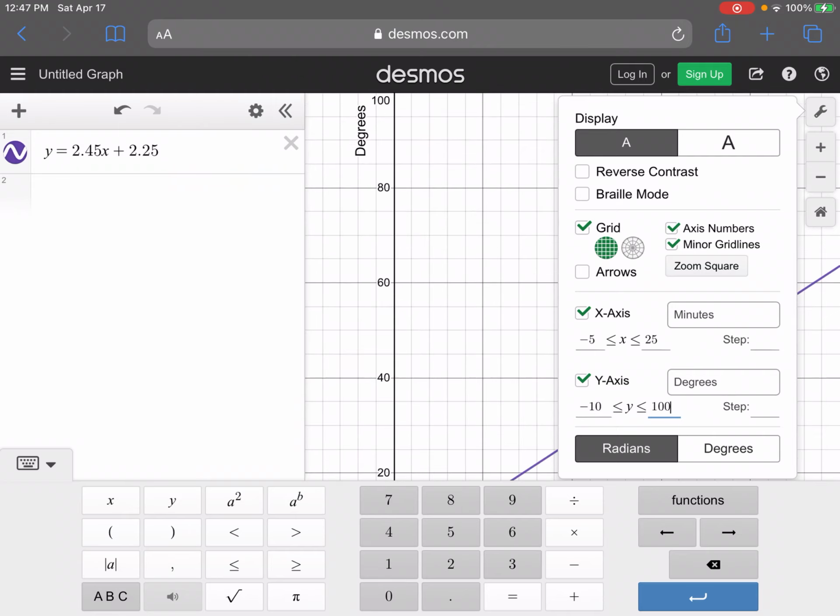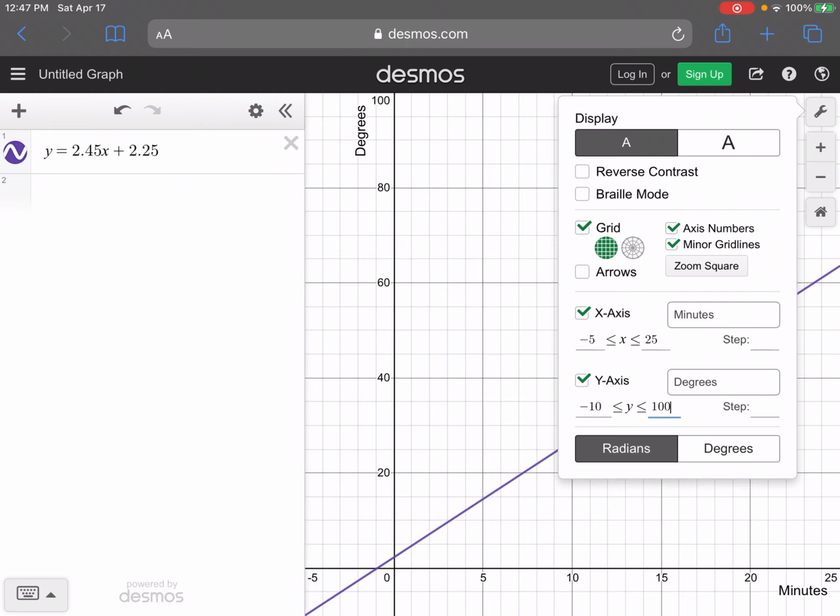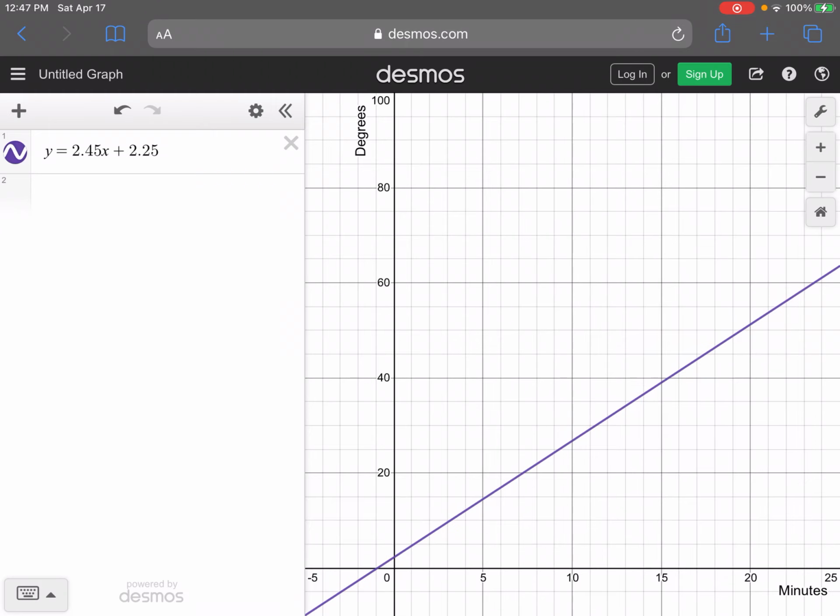Now, if you're not exact on these numbers, it's not a big deal. There we go. We can see our graph, and that's important. And you can notice that the y-intercept is just above the 0 down there. And that's because of that $2.25, the minimum cost to take a ride.